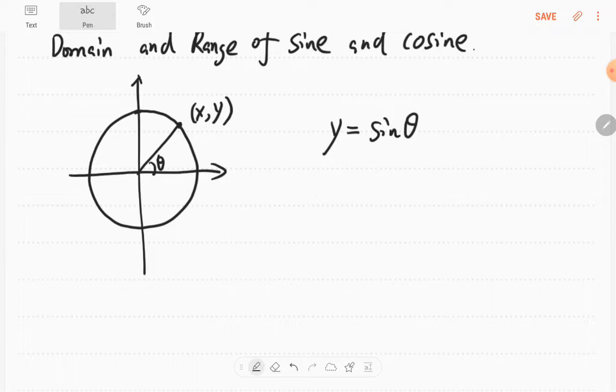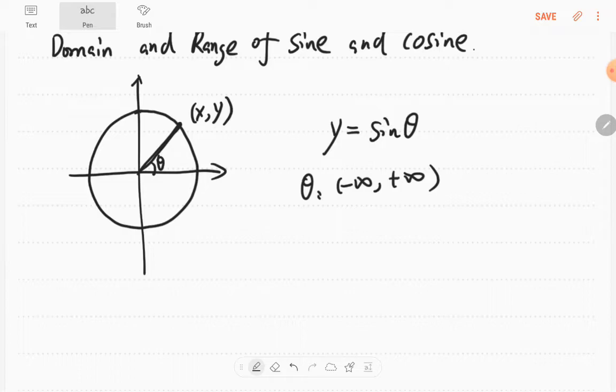The theta is the angle, so you can rotate this bar as many revolutions as you want, counterclockwise or clockwise. So theta can be anything. There is no restriction on theta, so theta is from negative infinity to infinity. You can have any angle you want, no matter how large or how small it is.